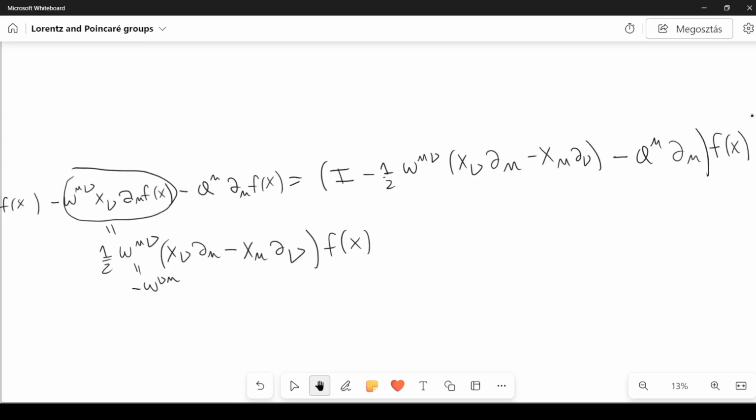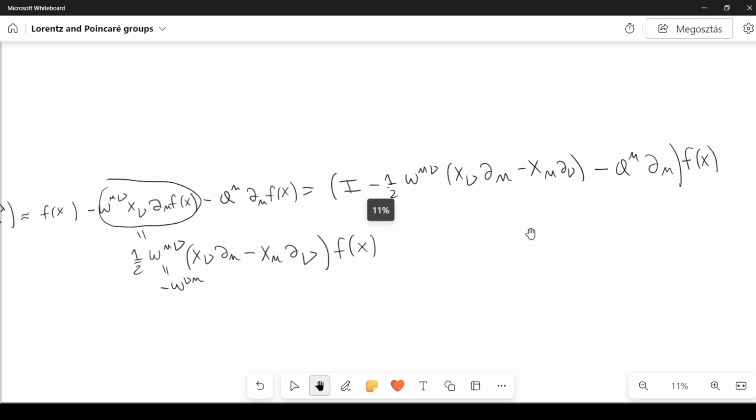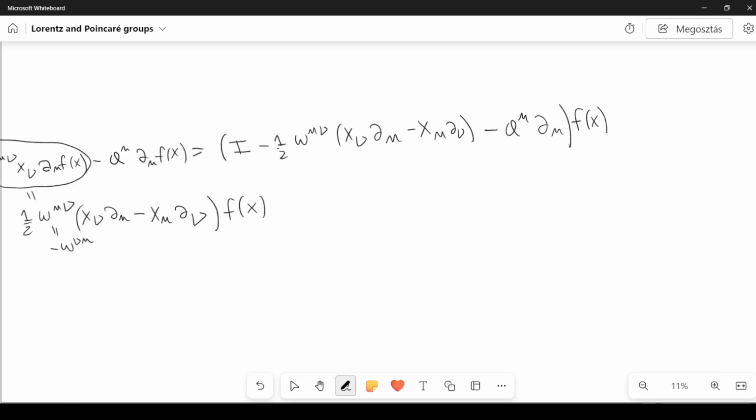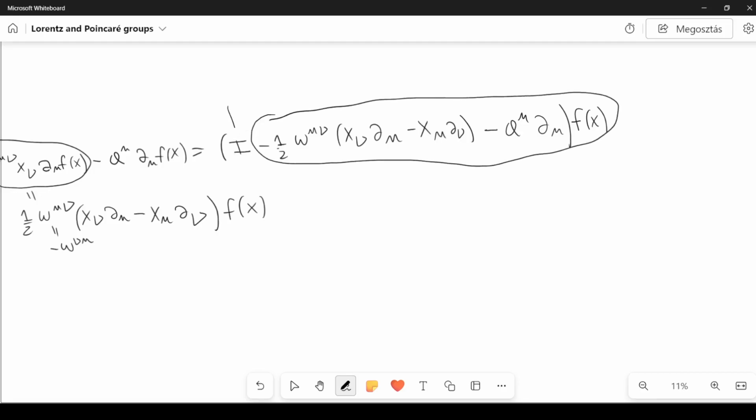So they are acting on f of x. What we have derived here, in particular this part, after the identity matrix, so we are not considering the identity matrix here, this part is simply the change of f of x. The change of f of x is exactly equal to this. And we can also rewrite the change of f of x in the following fashion.